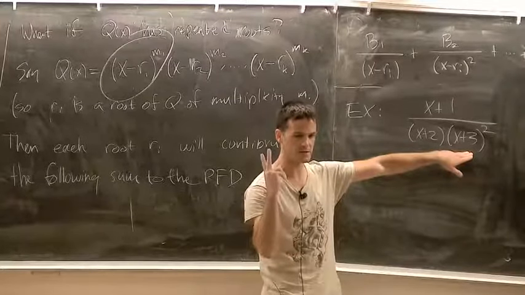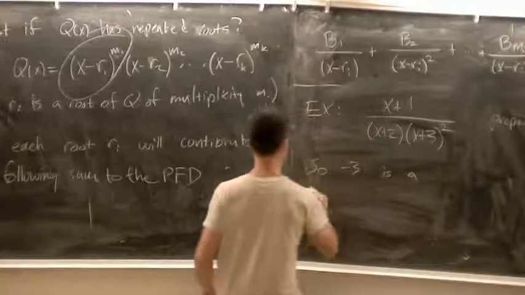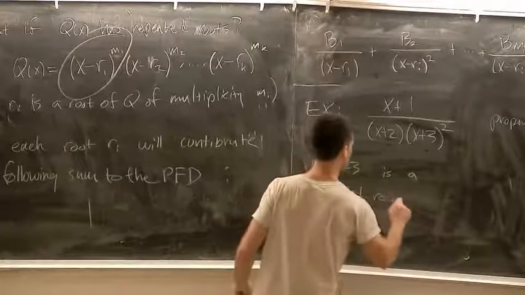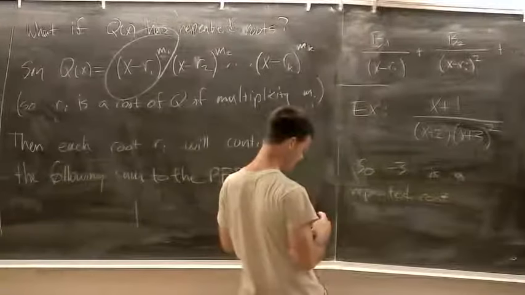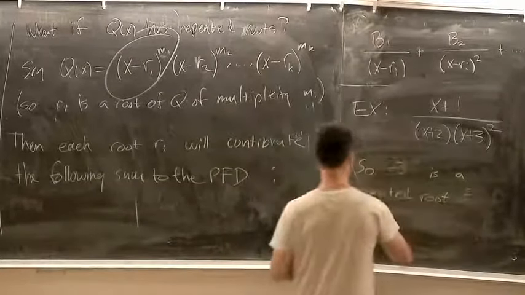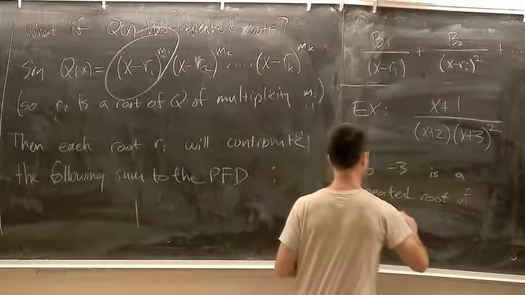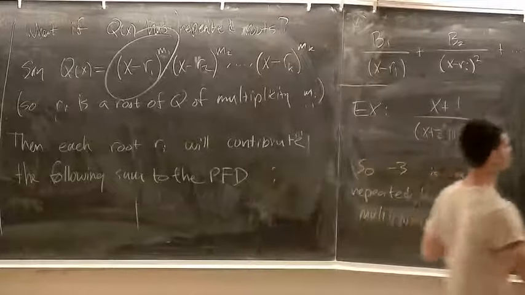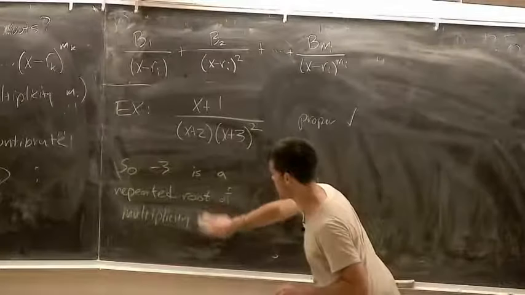It appears twice, right? So negative 3 is a repeated root of multiplicity, sorry, 2. A multiplicity 2 thing.